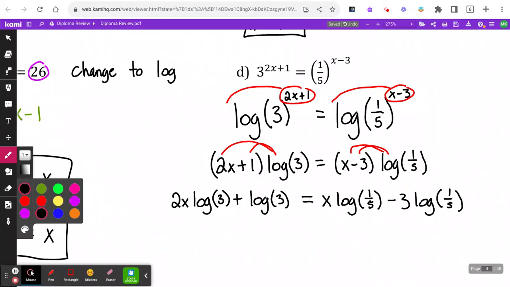So I log both sides, drop the exponents.